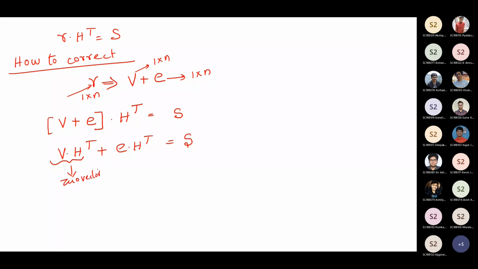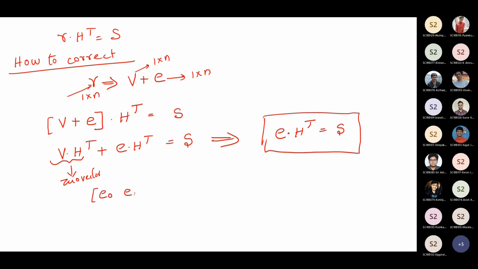So from here I can say E into H transpose will be equal to S. Correct? The error vector into H transpose will be equal to the syndrome vector. The error vector is E0, E1 up to En minus 1. When this is multiplied by H transpose, I will get the syndrome vector S0, S1 up to Sn minus K minus 1.